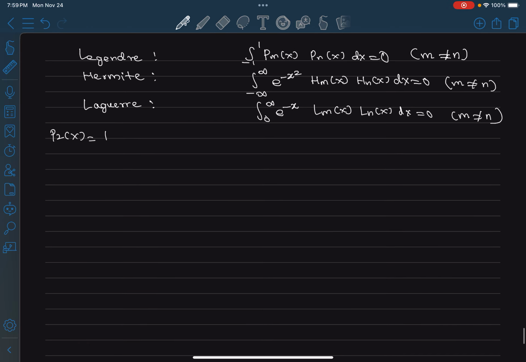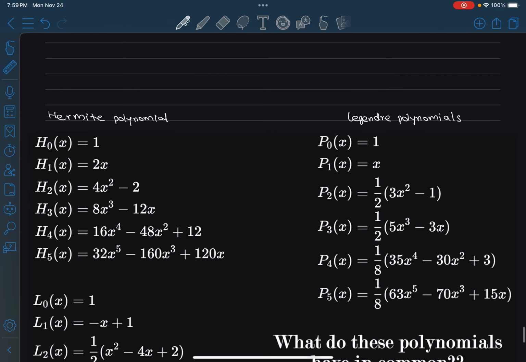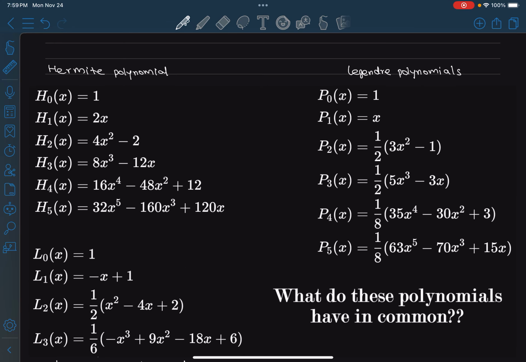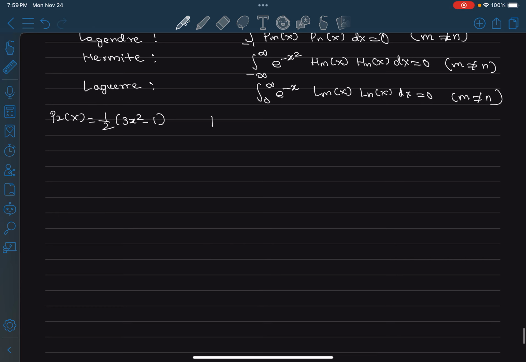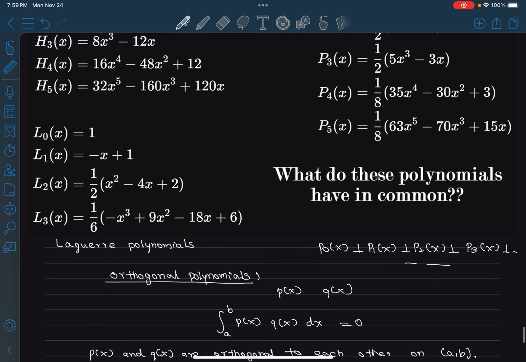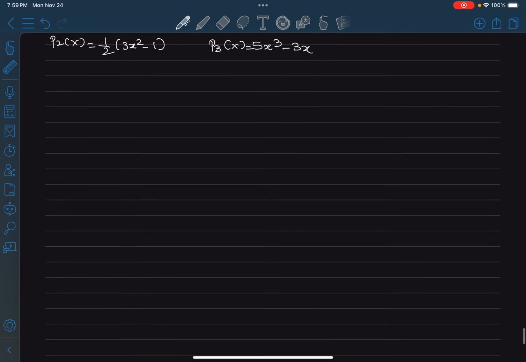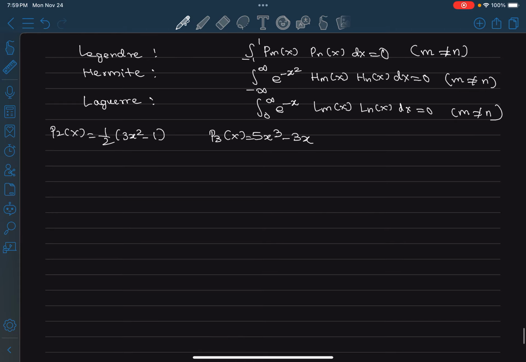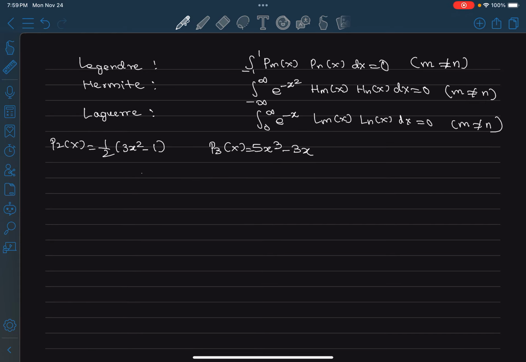P2 of x is equal to half of 3x squared minus 1, and P3 of x is half of 5x cubed minus 3x, right? So we want to verify that the integral from minus 1 to 1 of P2 of x times P3 of x is equal to 0, right?